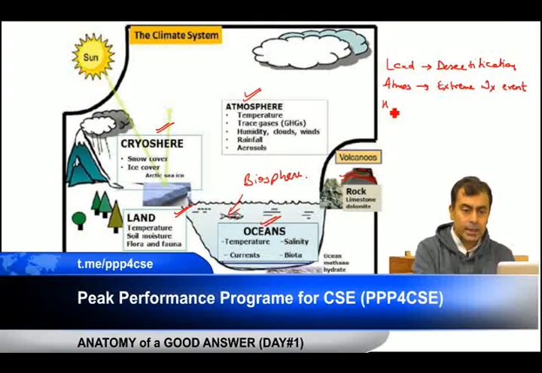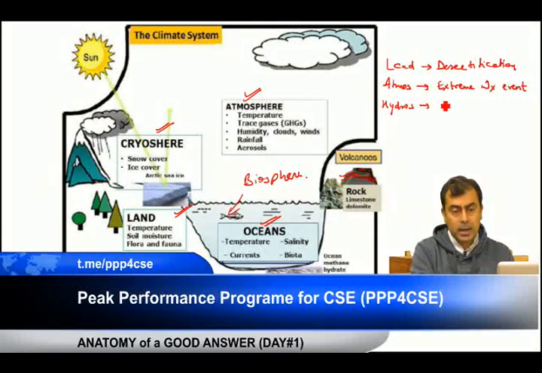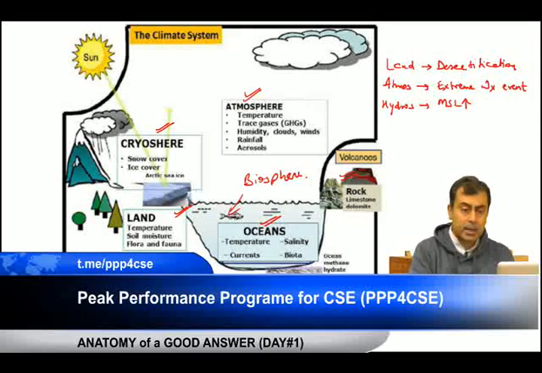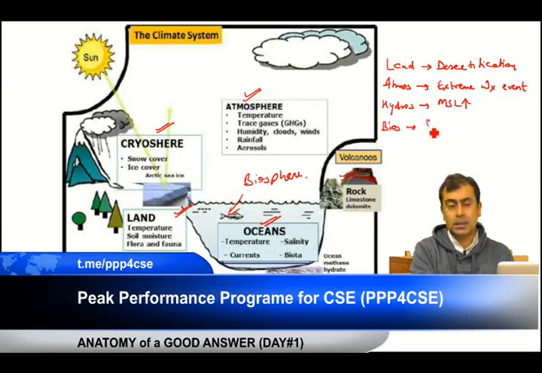If in hydrosphere I experience rise in mean sea level, that is also climate change. And if in the biosphere I see species or biodiversity loss, that is also climate change.